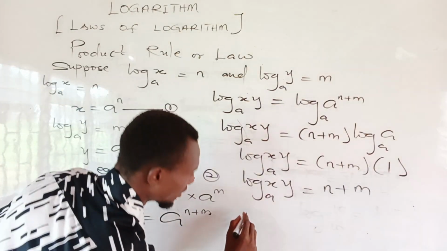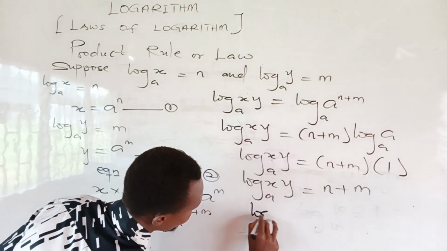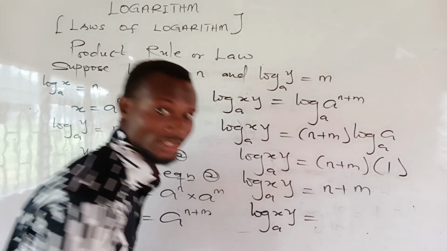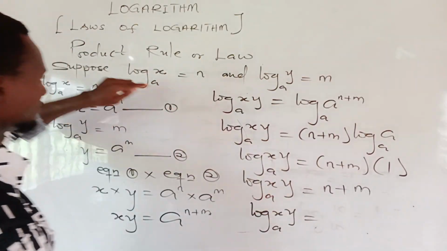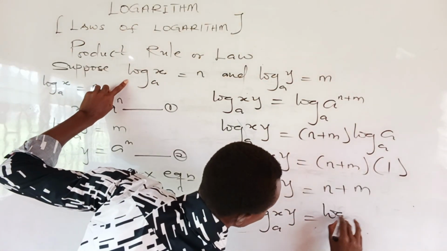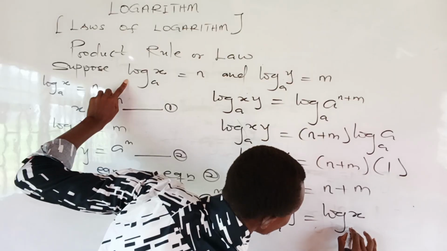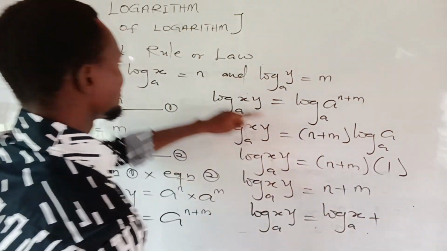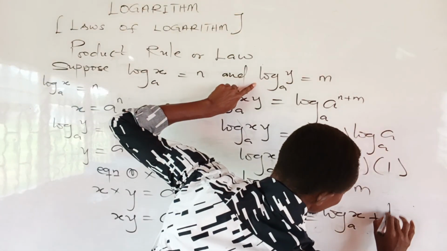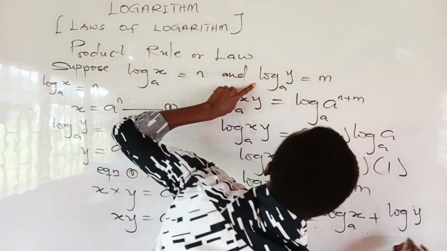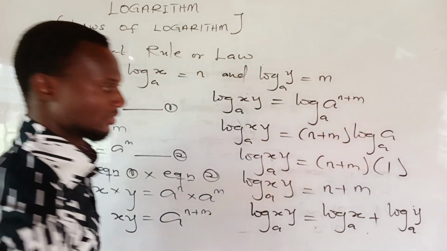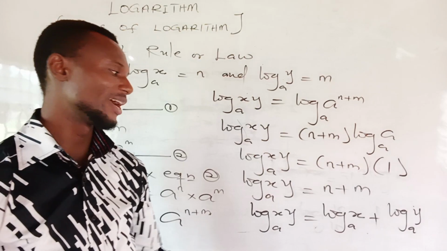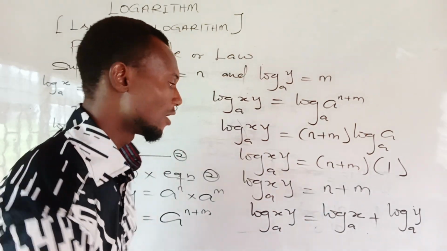So I'm going to repeat my log of sy to the base a equals the n, its value is log s to the base a. Bring your addition sign plus the m, its value is log y to the base a. As simple as that. We just introduce our values for n and m. So now we are having this one.